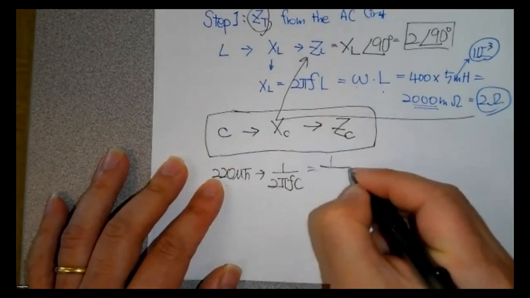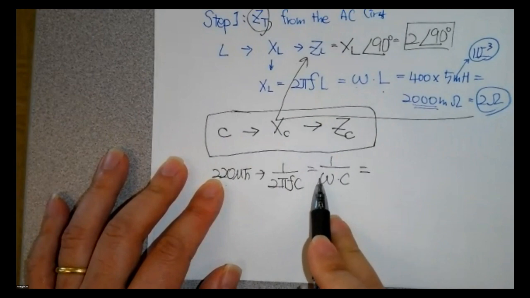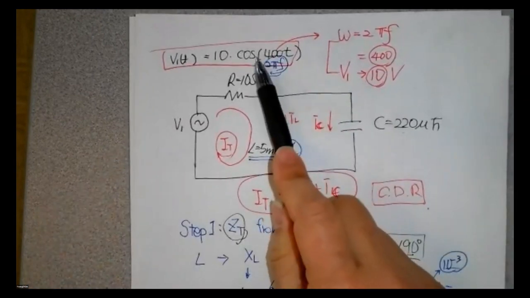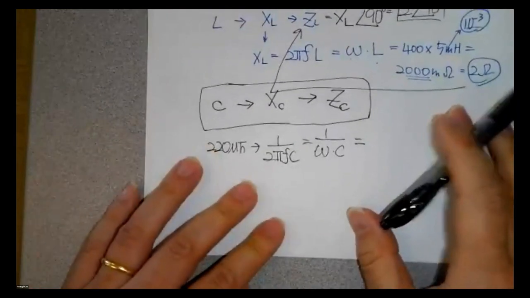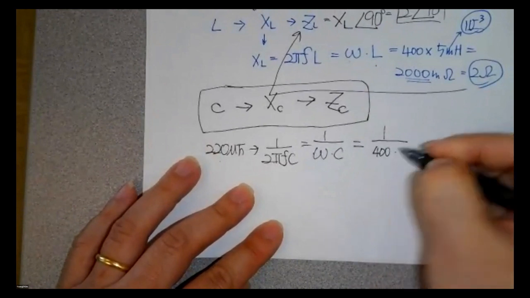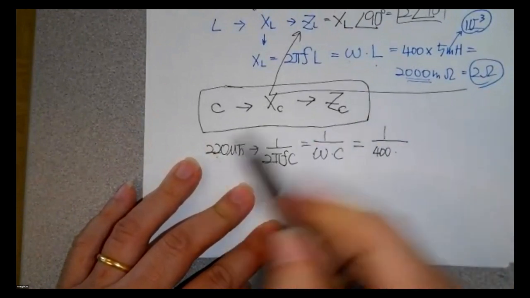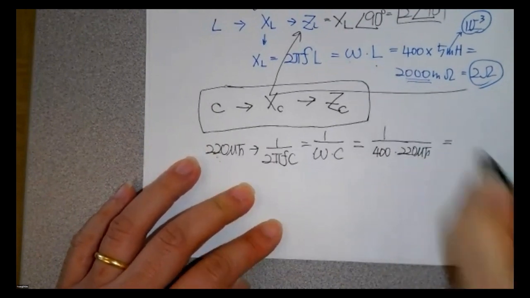So that is 1 over angular frequency times C here. And the angular frequency from the question is 400. So 1 over 400 times C, which is 220 microfarad.